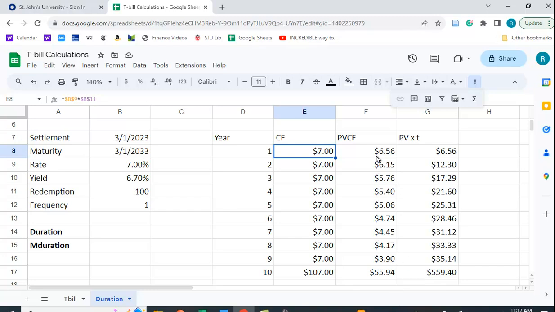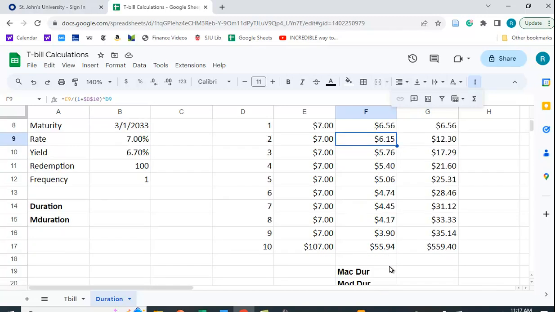Then I calculated the present value of the cash flow, which is simply this cash flow divided by 1 plus the interest rate raised to the year power. In year 1, that's the first power; in year 2, it would be raised to the second power, etc. If I sum these up, I get the price of the bond.